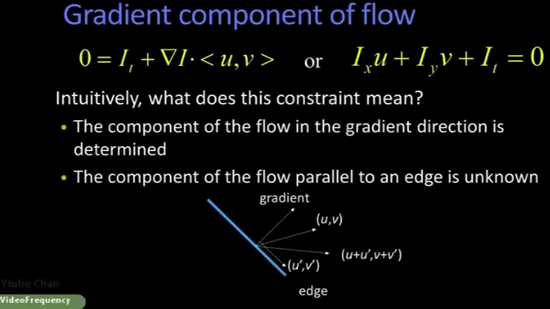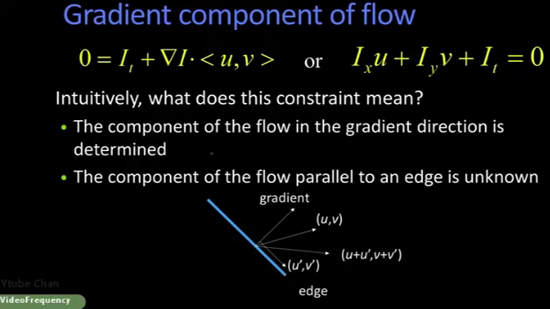So intuitively, we can think about what this constraint means as follows. The component of UV that's in the direction of the gradient, that's what we can measure, right? That amount will tell us how much the image will change. That's the amount of I sub t, the derivative.